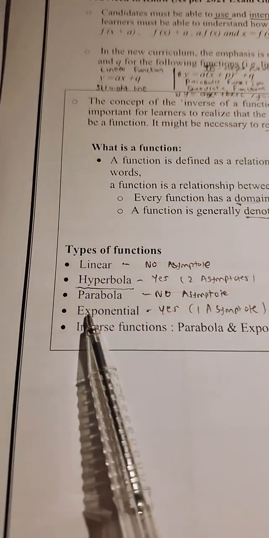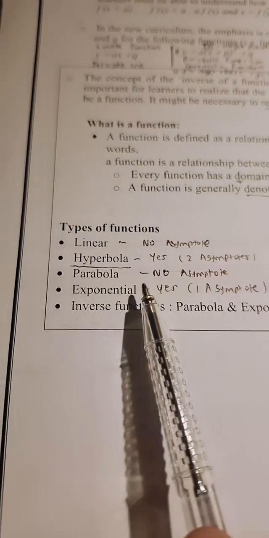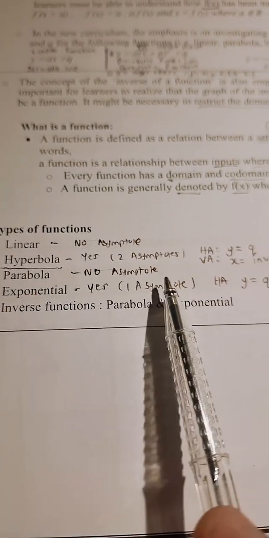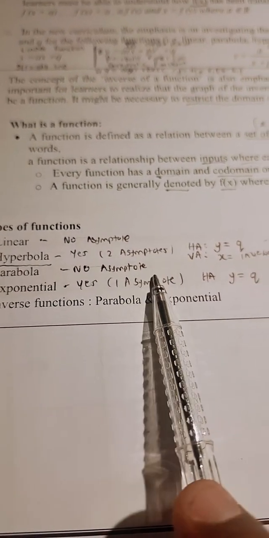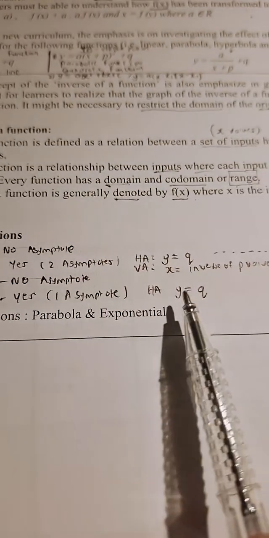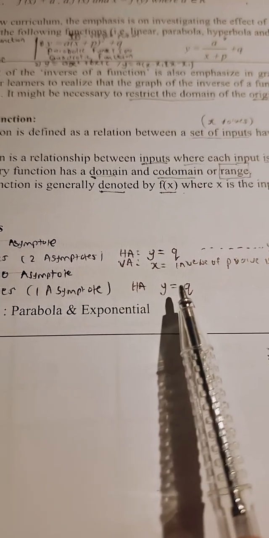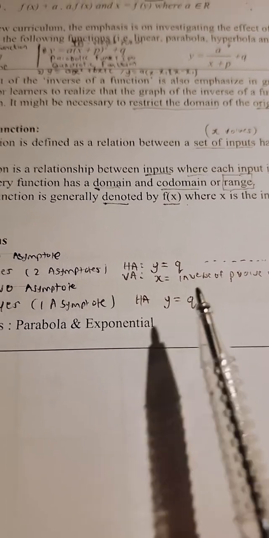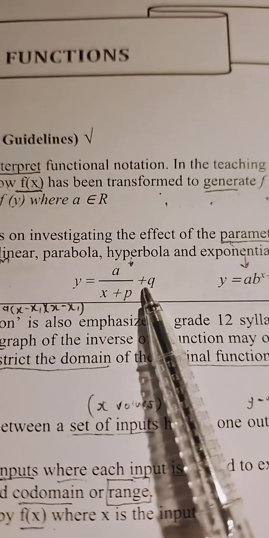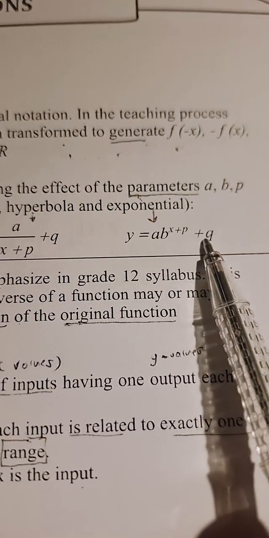Then for our exponential function, the exponential function only has one asymptote, one and only one. And that horizontal asymptote is given by the equation y is equal to whatever the value of q is in this function.